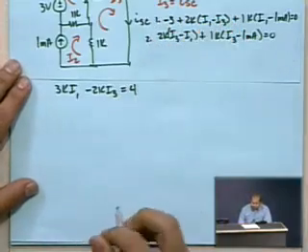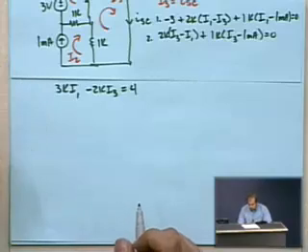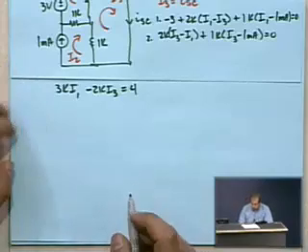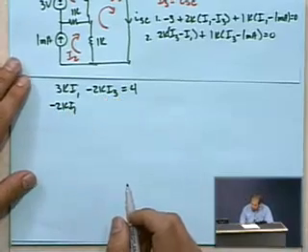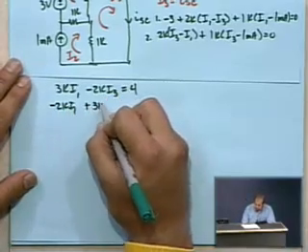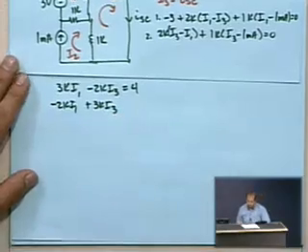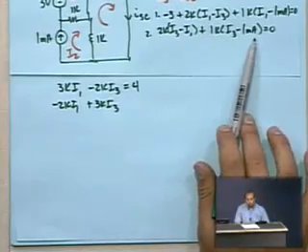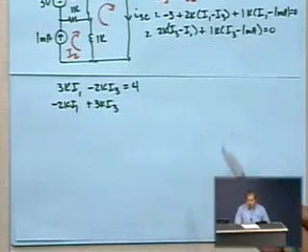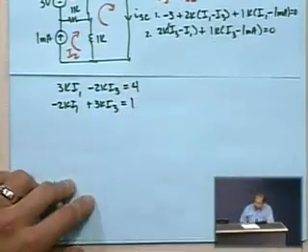The second equation, let's see, we've got negative 2K I1, positive 3K I3, and then a negative 1 volt from the 1K and the 1 milliamp. Pop that on the other side, so that should give us 1.